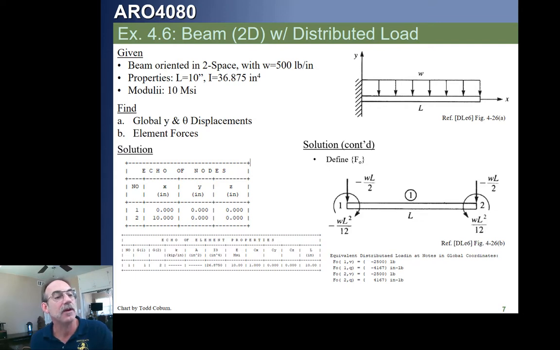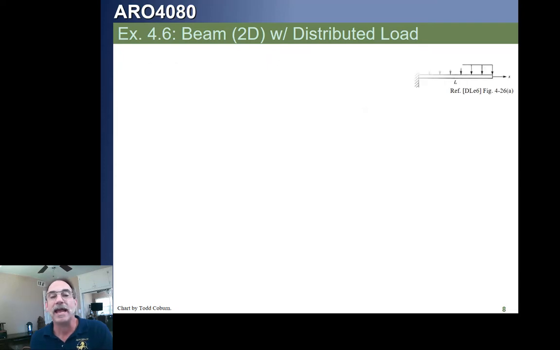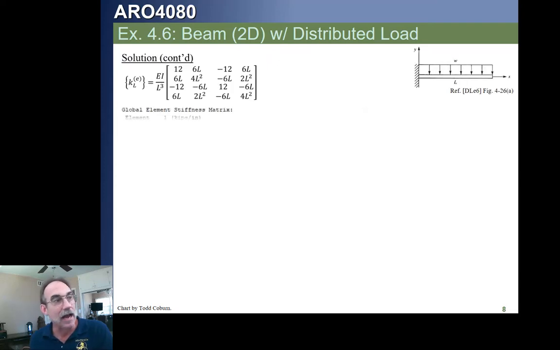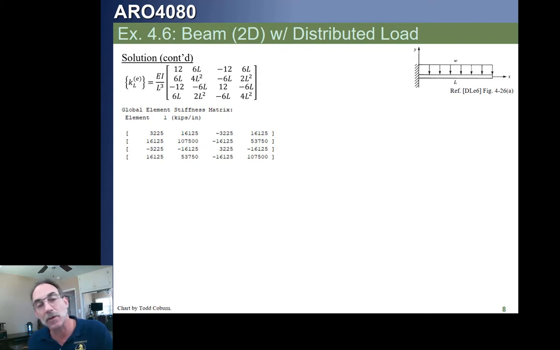You see that? Okay. Now we can go and calculate using our local stiffness matrix, convert that to a global stiffness matrix for the element, and then convert that to a global stiffness matrix for the whole structure, which in this case is just that same stiffness matrix. We then can reduce our system. We see that node 1 is constrained for both vertical deflections and rotations.